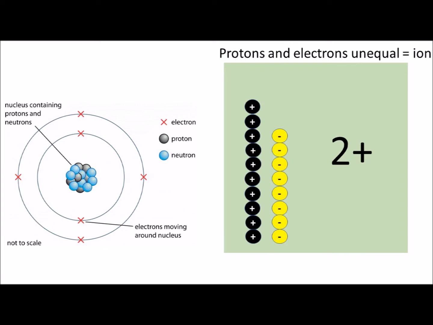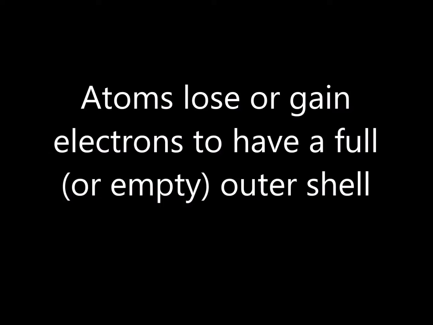So it has a net charge of +2. This atom, on the other hand, has gained 2 electrons, so it will have 2 more negatively charged particles than it has positively charged ones. So it has a net charge of -2. Atoms lose or gain electrons to achieve a full or empty outer shell.